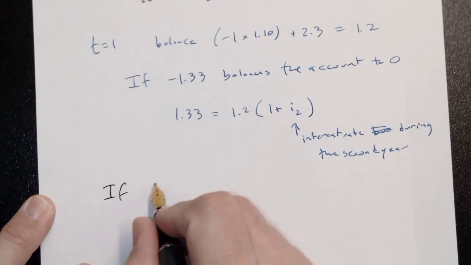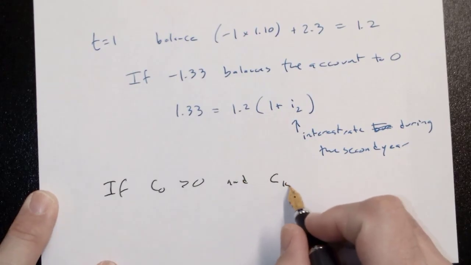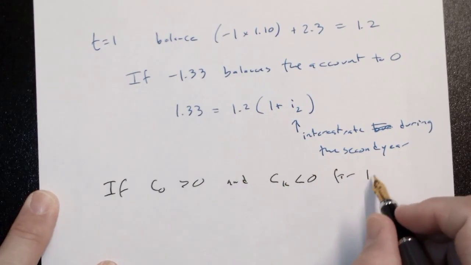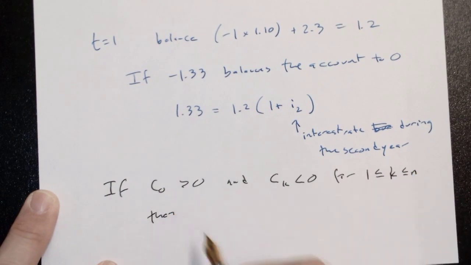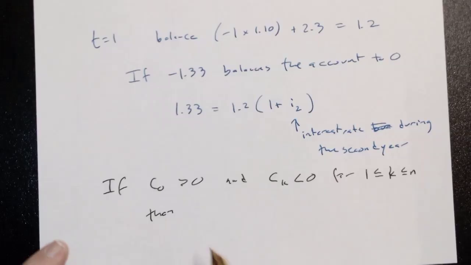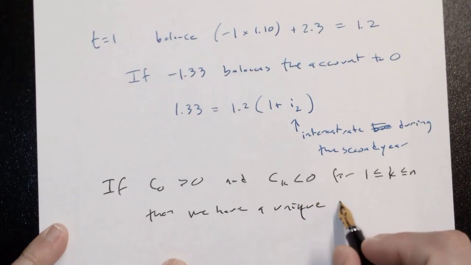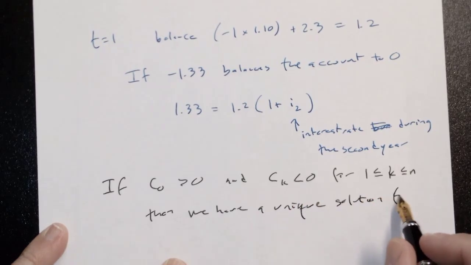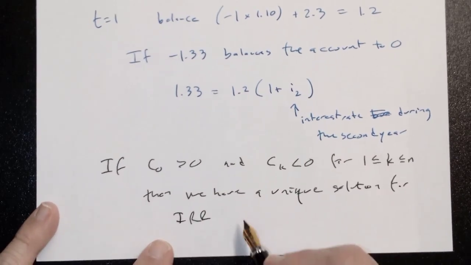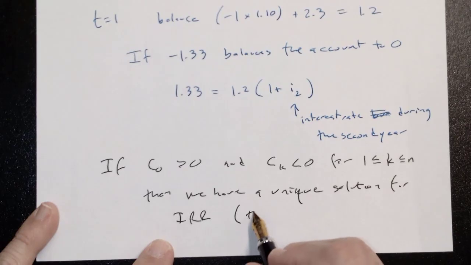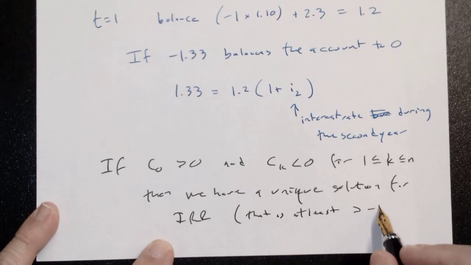If C0 is positive and Ck is negative for 1 less than or equal to k less than or equal to n, then we have a unique solution for the internal rate of return that is at least bigger than -1.